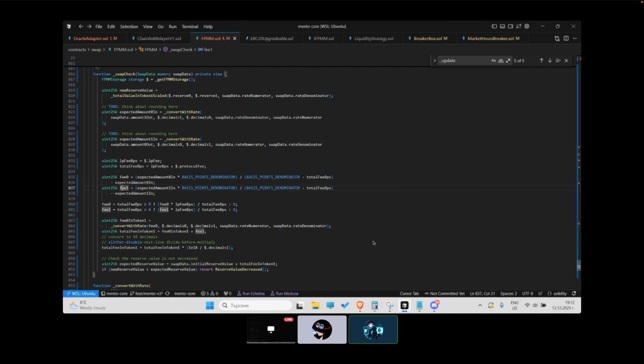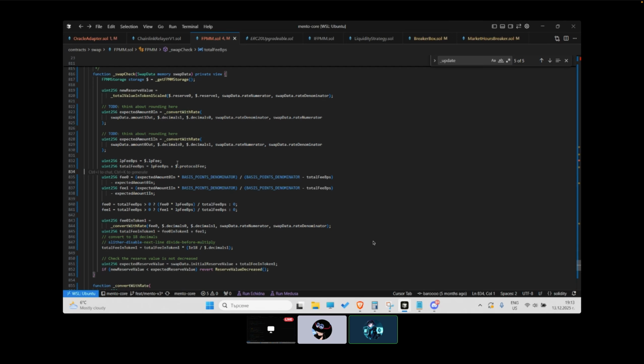This can be simplified. If you simplify this expression, if you expected amount 0 in, if you multiply and divide by the denominator, so it's minus, okay, so it boils down to expected amount 0 times total fee, basically.